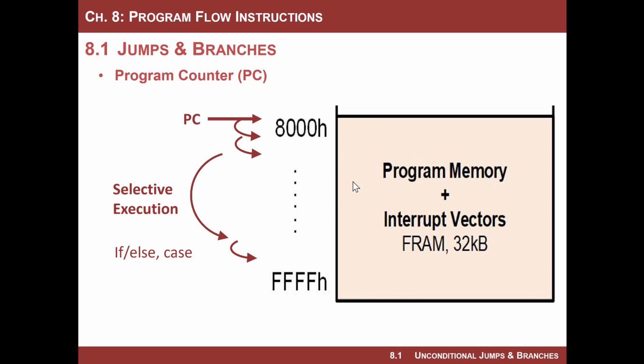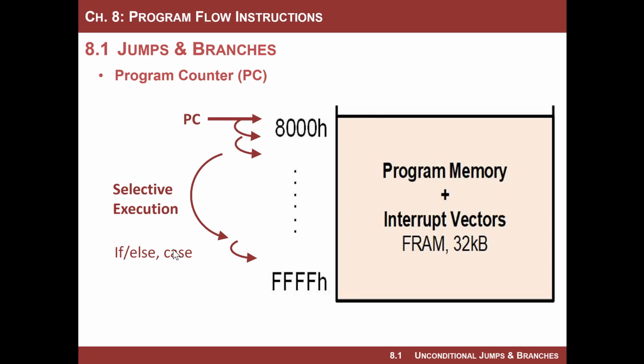They absolutely exist. Which of those you execute depends on some status that is calculated right before you get to that section of memory, and then you jump over a portion that you don't want to execute. So if the if part wasn't true, we would just hop over it and go execute the else part. Or if the if part was true, we would execute it and then hop over the else part.